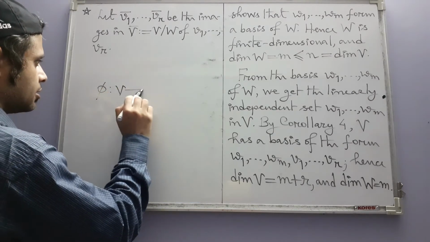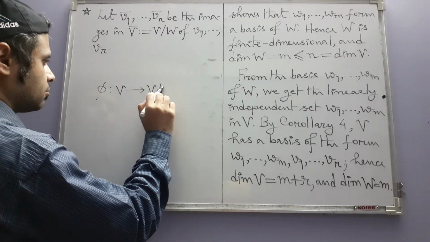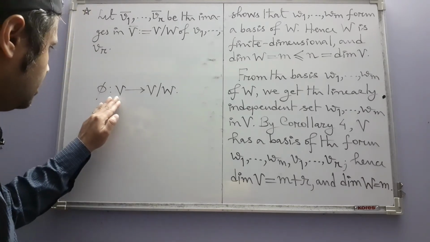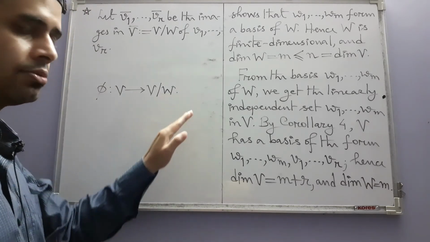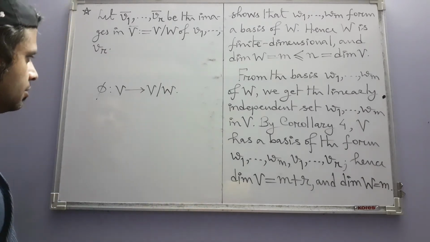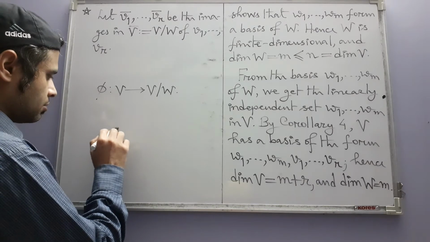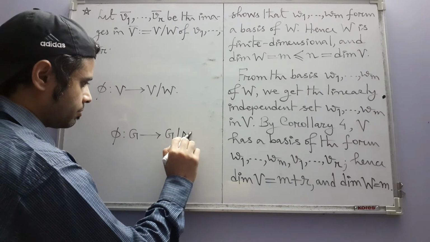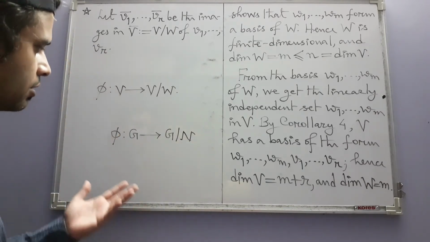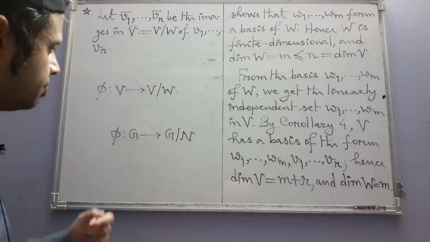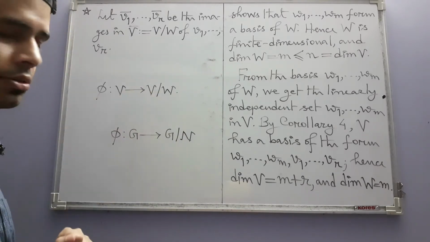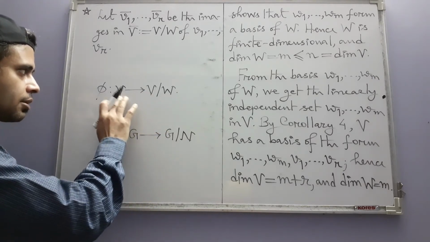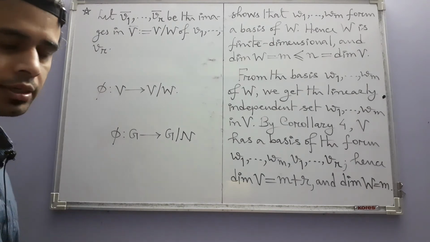You know that there is an onto homomorphism from any vector space to this quotient space, where W is a subspace of V. Just recall that same thing in groups. You are given a normal subgroup N of a group G, then there exists a natural homomorphism of G onto G by N. Like that, there is a natural homomorphism of V onto V by W. In fact, from this we have this, because the vector space itself is a group under its own addition.